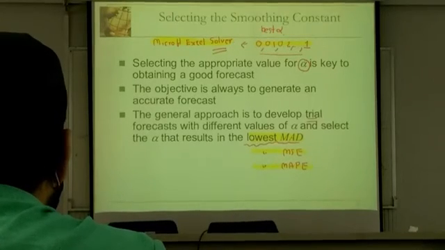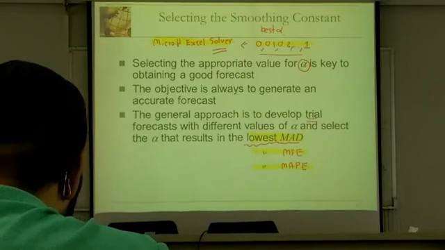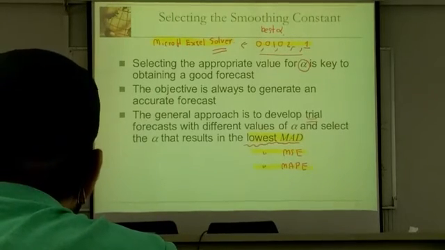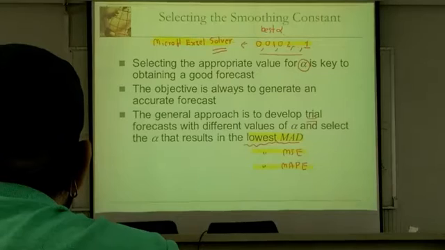But for now, just assume that alpha is given, so don't worry about figuring out the best alpha. But in practice, you're always going to try to find the best alpha to minimize MAD, MSE, or MAPE.